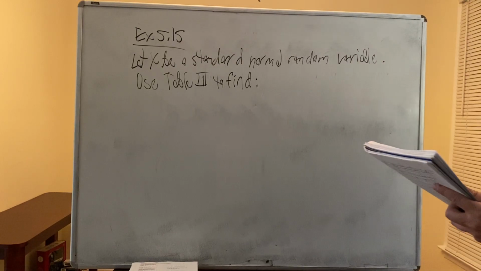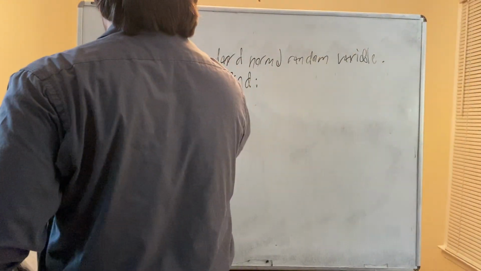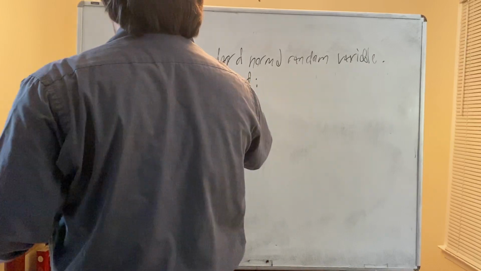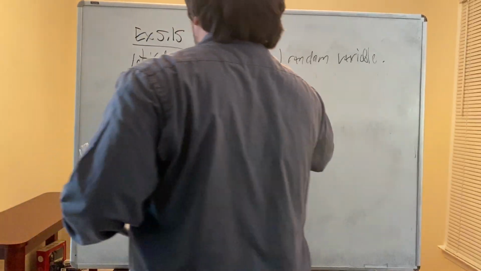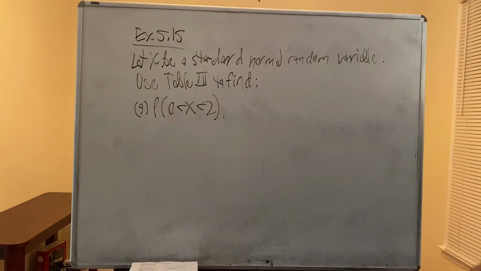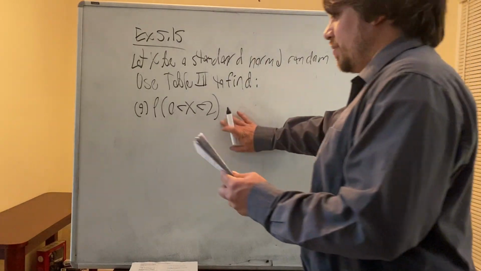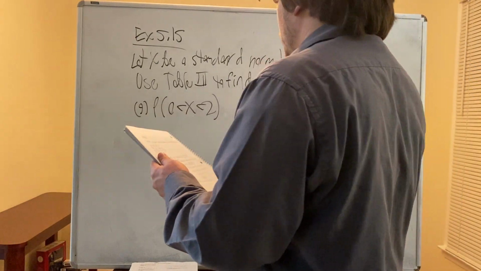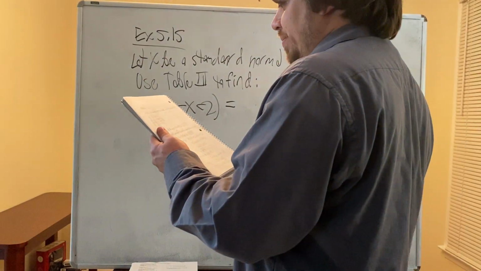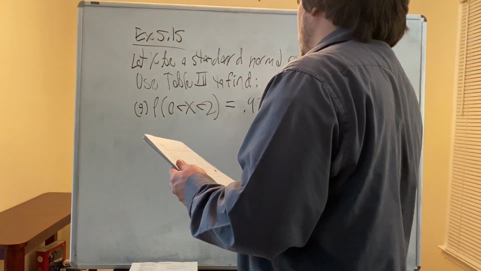Use table 3 to find. So part A is the probability that 0 is less than x less than 2. Okay, so let's find that probability. You use the table, and the table tells you it's 0.4772.